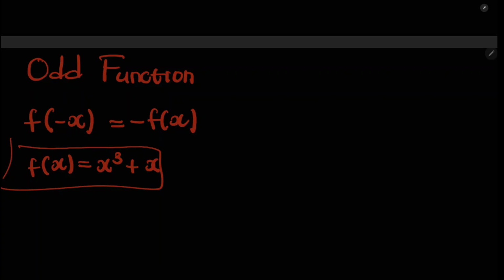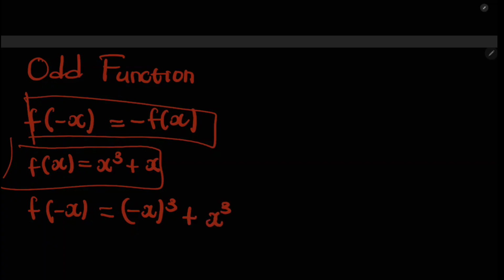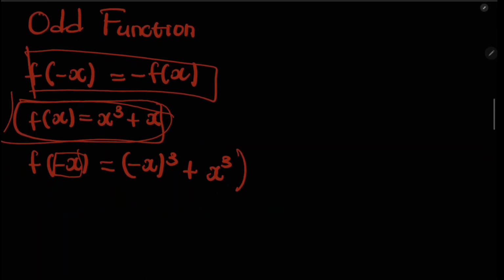Okay, let's determine whether this function is an odd function or not. So let's have f of minus x. So remember, f of minus x should be equal to minus f of x. So f of minus x is equal to minus x cubed plus minus x. Here we're just doing a simple substitution. We're just substituting minus x into our f of x function. So that is what we have.